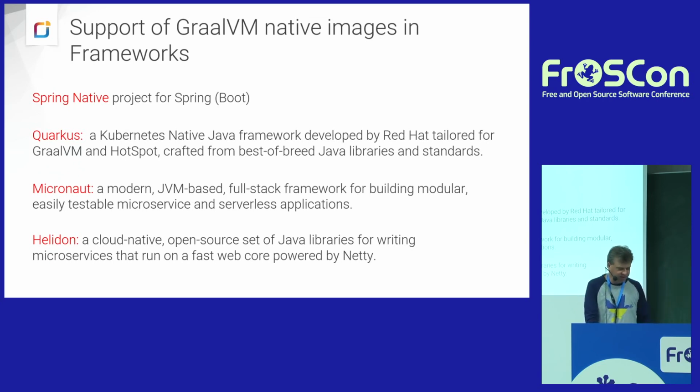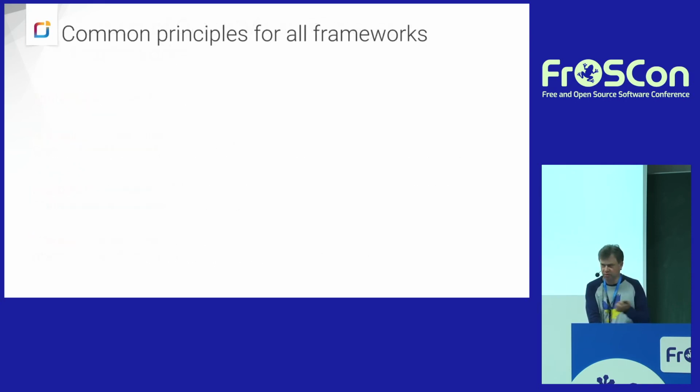But all these frameworks, and especially Quarkus and Micronaut, are built for microservices and serverless applications from the beginning. So they don't rely on reflection at all, more or less. And they give you the possibility to build a native executable within your POM XML or Gradle out of the box.